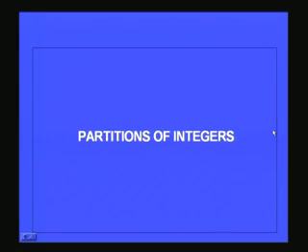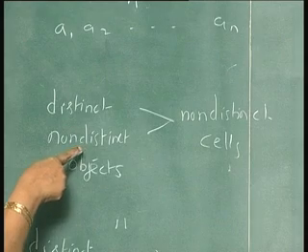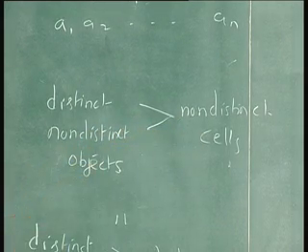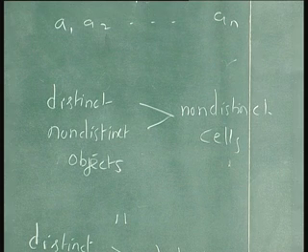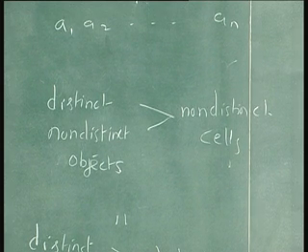Next, we have considered the distribution of distinct objects into non-distinct cells. Next we should consider the distribution of non-distinct objects into non-distinct cells, that is really known as partition of integers. So, we will consider that next.